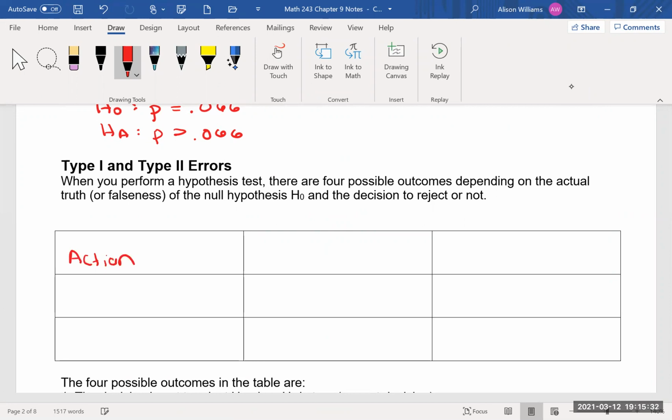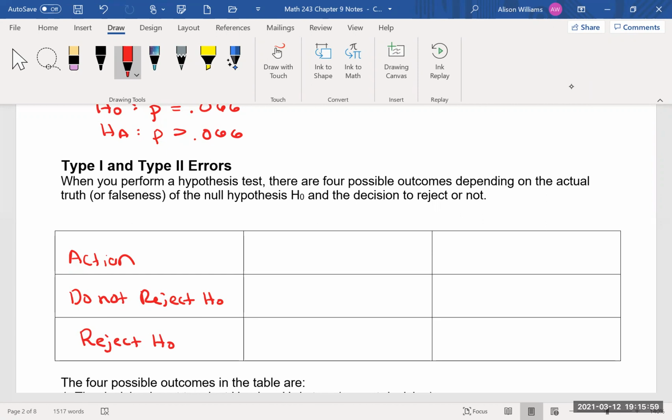We will either reject the null hypothesis or not reject the null hypothesis. Okay. So we'll have those two basic ideas. So reject or do not reject. And that's how we're going to word our conclusions too when we get to that point.